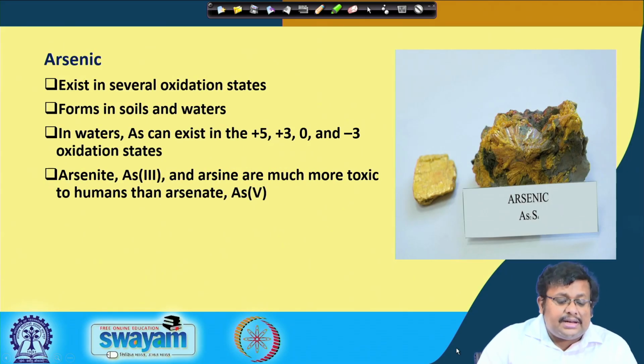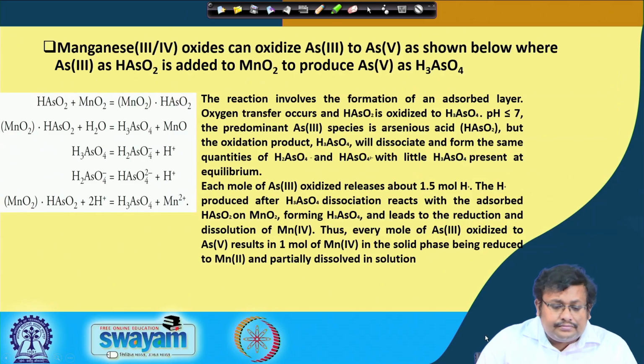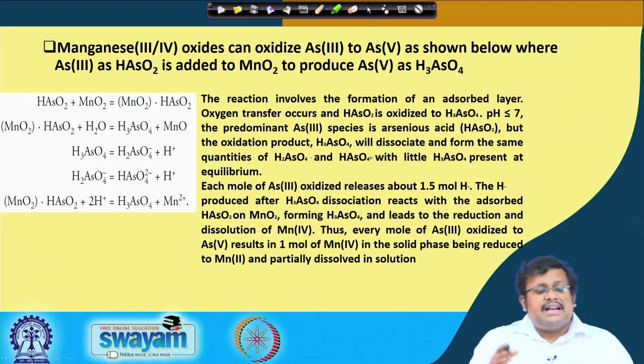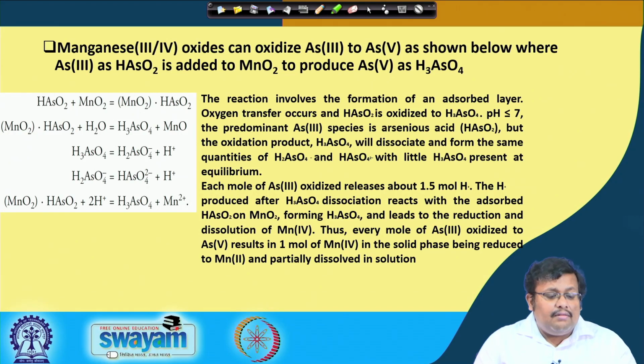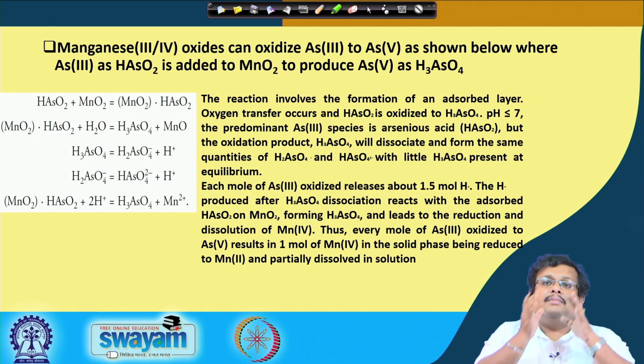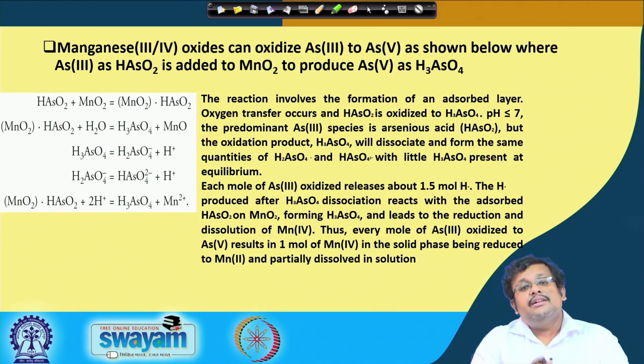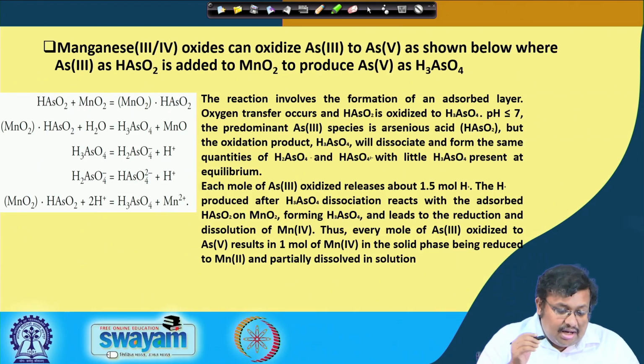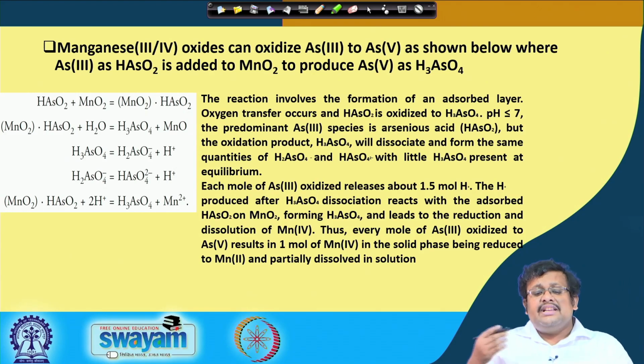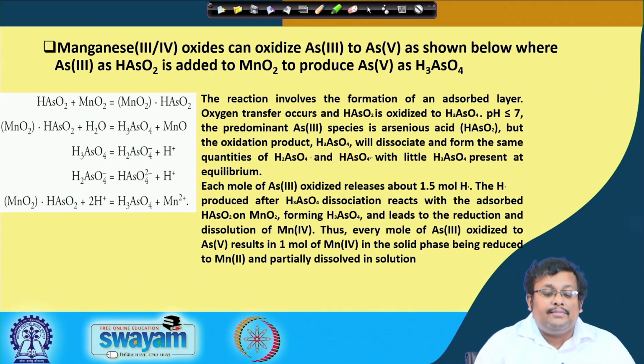Also similar in the case of arsenic, arsenite can be oxidized to arsenate, which is As5. This arsenite can be converted to arsenate by a set of reactions, which have been defined here, ultimately producing arsenic with a 5 oxidation number from arsenic with a 3 oxidation number. This reaction involves the formation of an adsorbed layer.